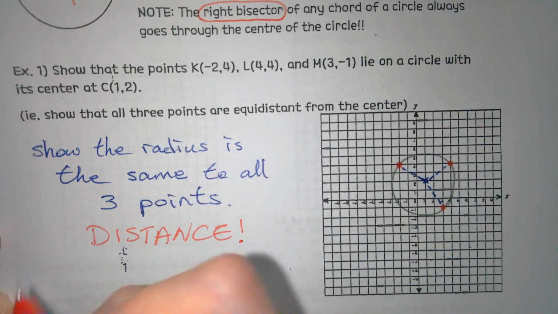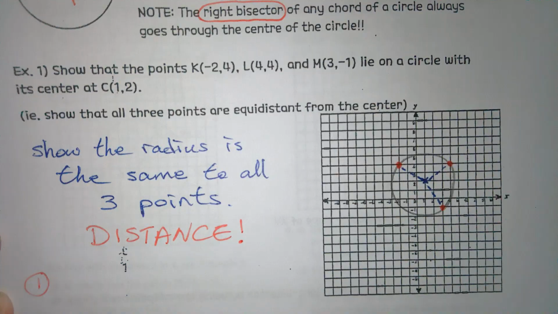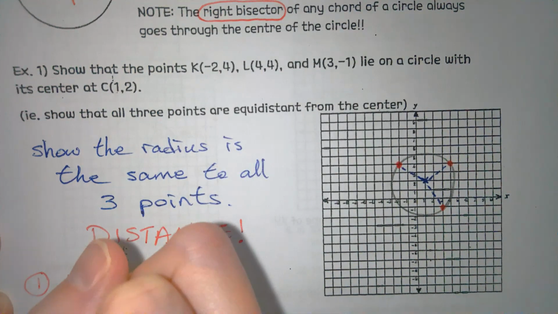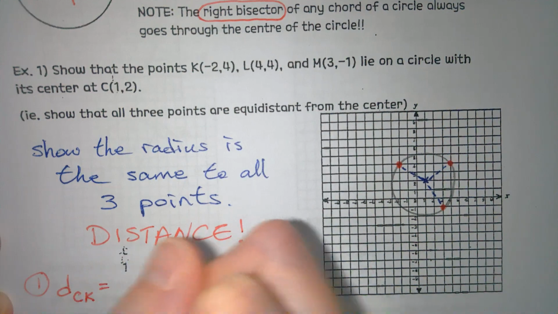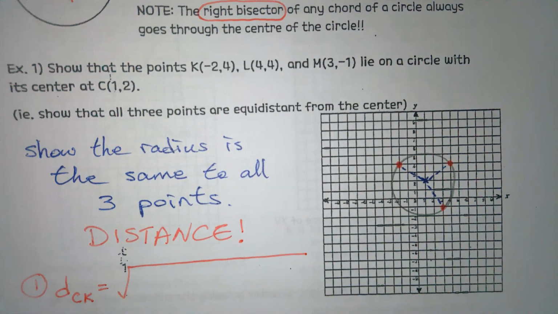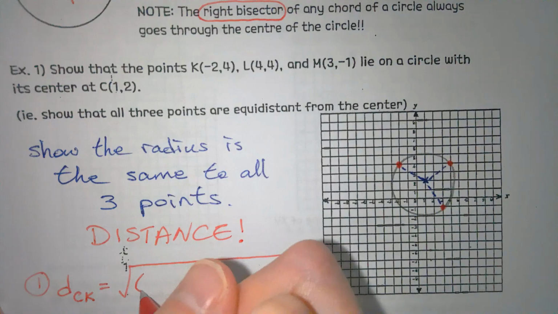So let's say the first one. I'm going to do from the center to point K. So distance between center to point K. Rusvin, what is the formula for distance?